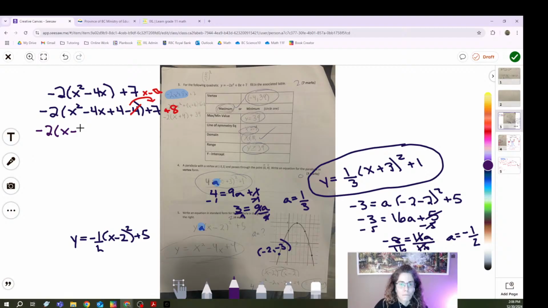No, how do you factor x squared minus 2? Yeah. Yeah. So what is our vertex? Exactly.